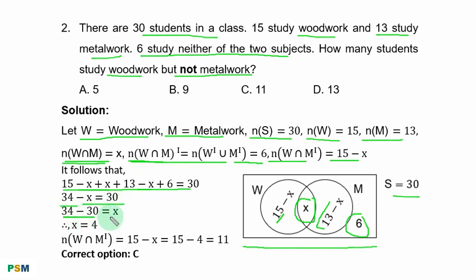You have it in this form. Therefore, S is equal to 4. Those that study woodwork but not metalwork, they are 15 minus S. That is 15 minus 4 equal to 11. The correct option is C.